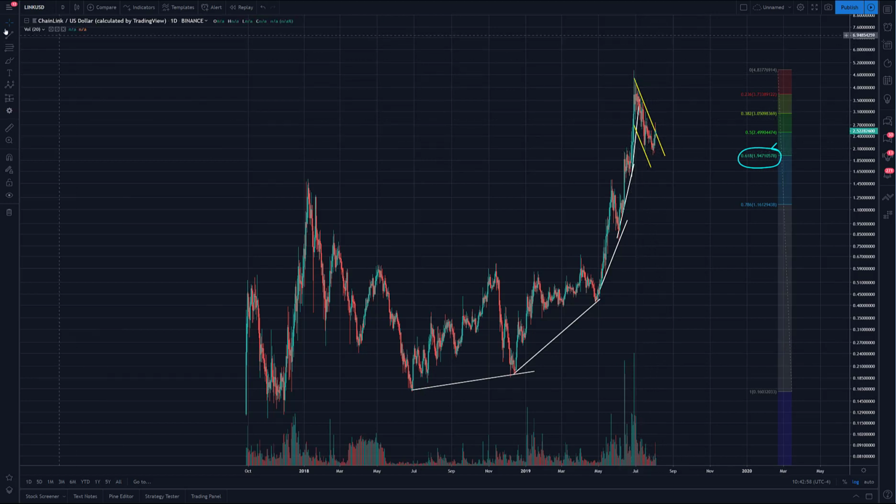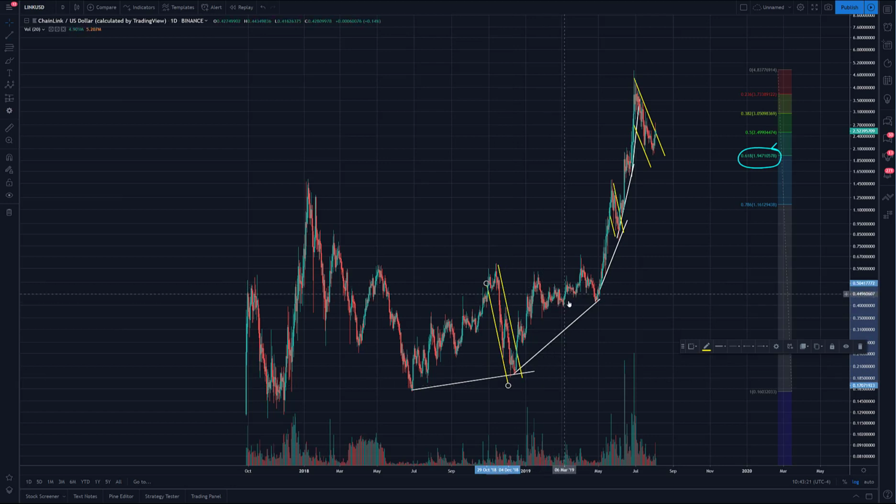Well, let's look at the preponderance of evidence of what happened in the past. Look right here. Boom. In this bull flag, it just kept going up. Okay, let's look at another one. Look at this. Price broke out of this bull flag, consolidated, and just continued going upwards.